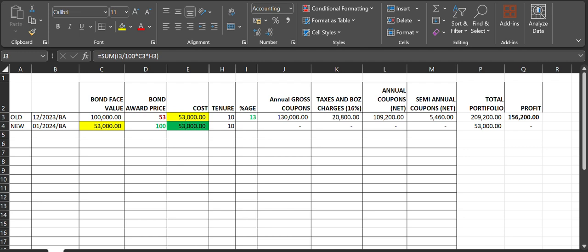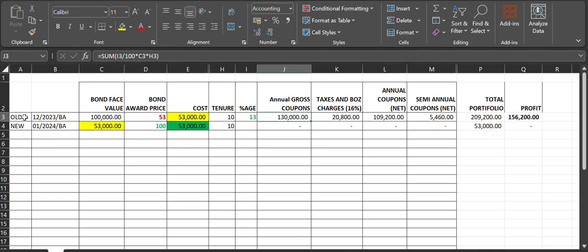So this is using the old method that incorporated discounts. In the second row, I'll basically go over how to calculate the same bond under the new issuance method. So let's go over to the old method.